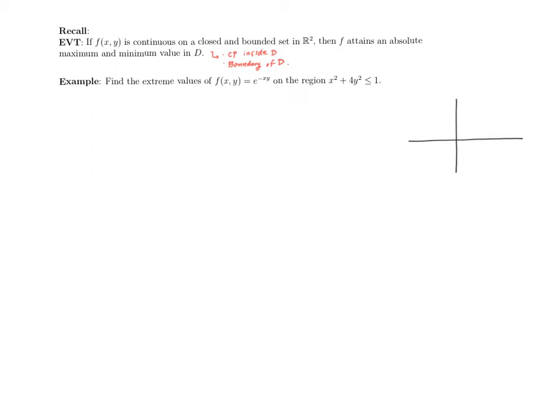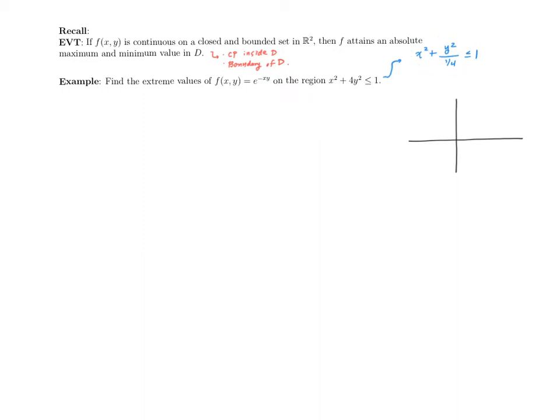For example, let's see if we can find the extreme values of this continuous function of two variables on the region described to the right. Let's think for a moment about what this region will look like. Manipulating our inequality, we can write this as x squared plus y squared over 1/4 is less than or equal to 1. Where this is equal to 1, we have the equation of an ellipse as our boundary.